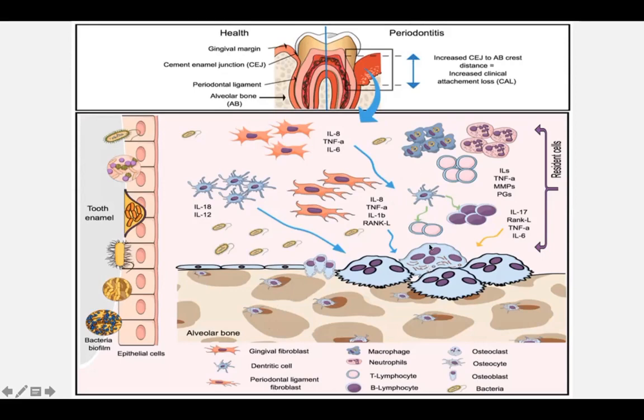All you need to know is interleukin 8, interleukin 6, interleukin 1 alpha and 1 beta, which is of course here, and tumor necrosis factor alpha.